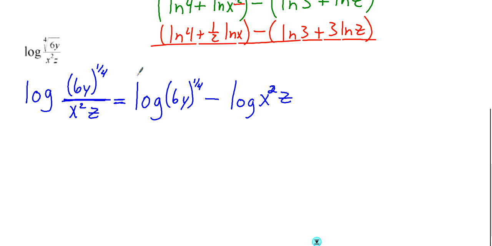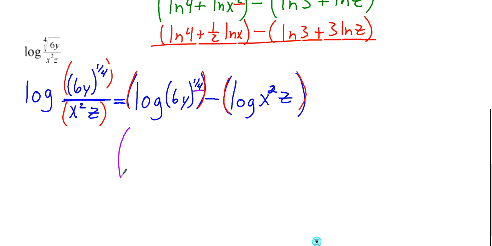Okay, and again, I'm going to put parentheses around this just so that if any issue arises from order of operations, we're covered. Okay, because it's this minus that. So again, those parentheses here represent the parentheses in the original. So next step, we're going to move this power here.